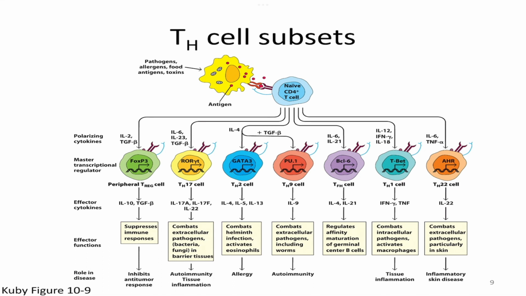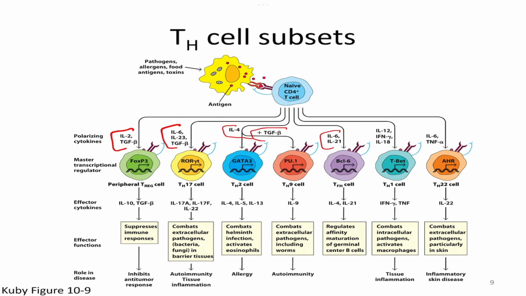This is a figure from a different textbook, and it shows you this same idea where initially our antigen presenting cell will interact with a naive CD4 T cell or a Th0 cell, and it will produce some kind of polarizing cytokine. You can see some examples of polarizing cytokines here.